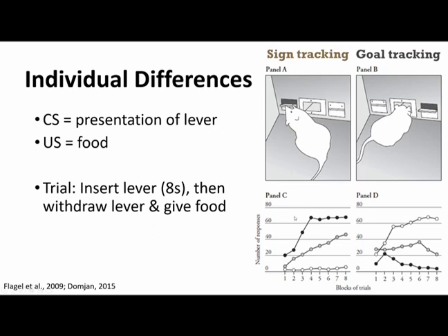And so we're going to look at all of the stuff on the left side here first, so panel A and panel C. So we see here panel A is that they're paying attention to where the lever would be inserted, and panel C is showing the number of responses when we're measuring responses as interacting with that lever. And then across the bottom we have trials, which is just our measurement of time.